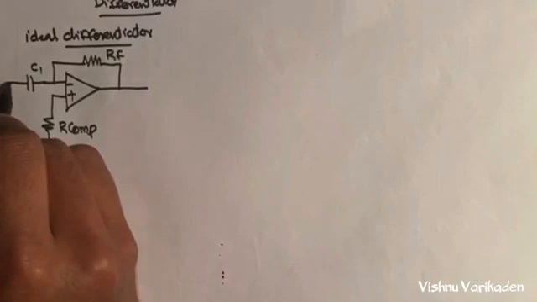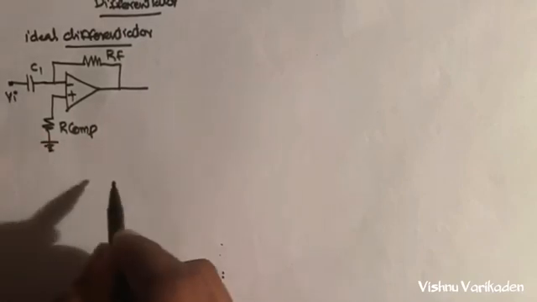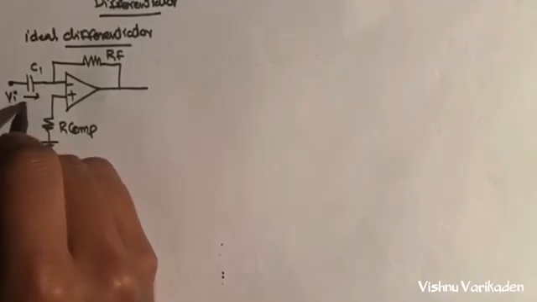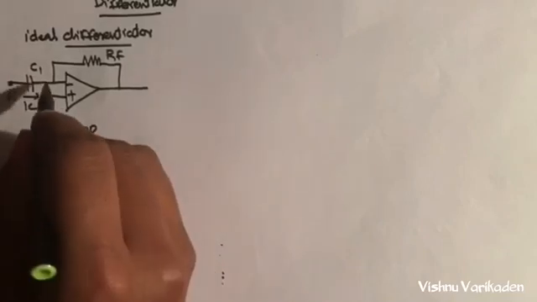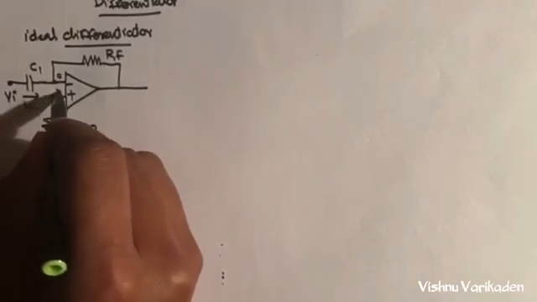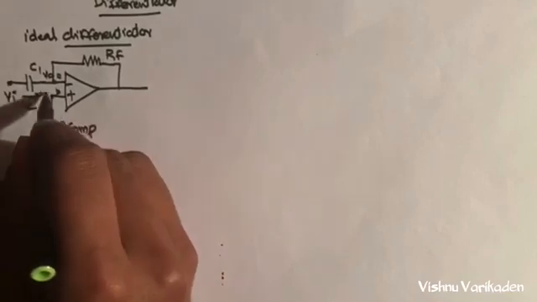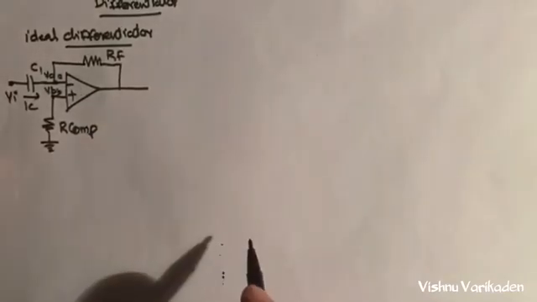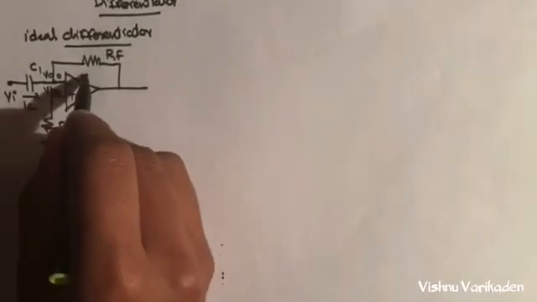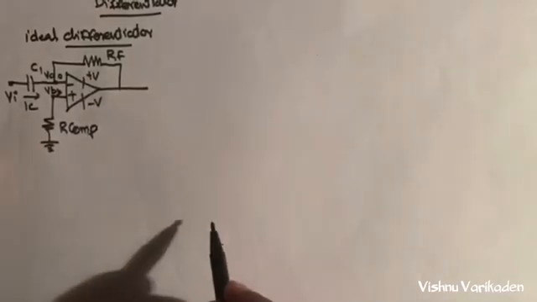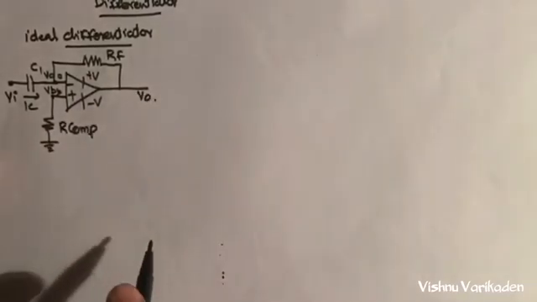Then we will apply the input, that is VI. So the current component is IC, and there are nodes here, A and B. So the node voltages are VA and VB. So we can apply the supplies, and this one is the V out.